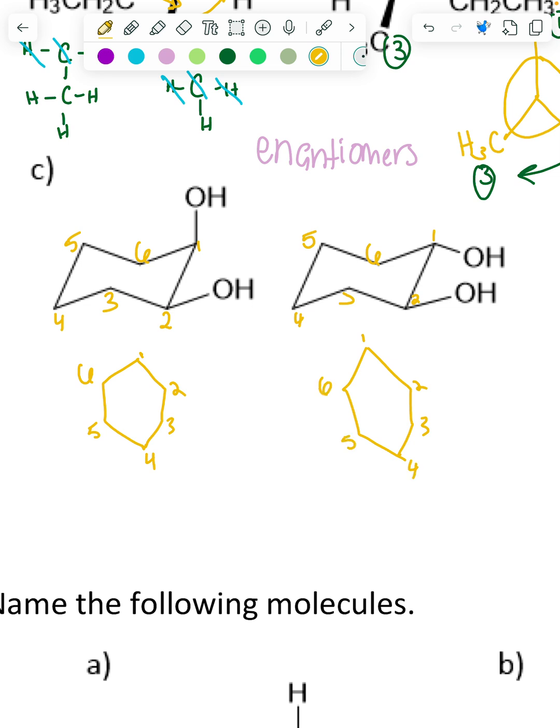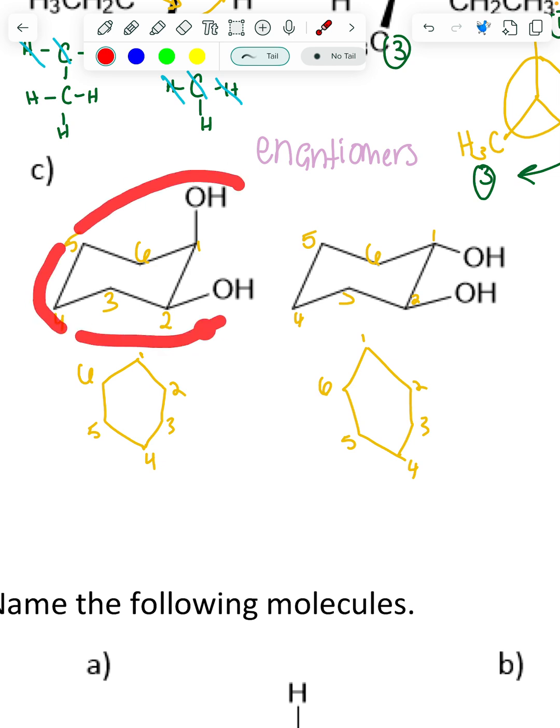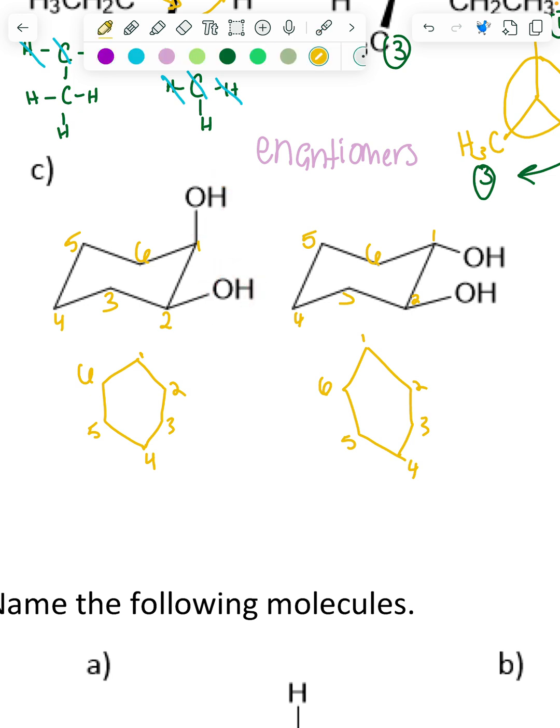All right, and now we remember that a dashed bond is pointing down and a wedge bond is pointing up. So looking at this, both of these bonds are pointing up, so both of these alcohol groups are going to be on a wedge bond. And we know that it is on carbon 1 and carbon 2.